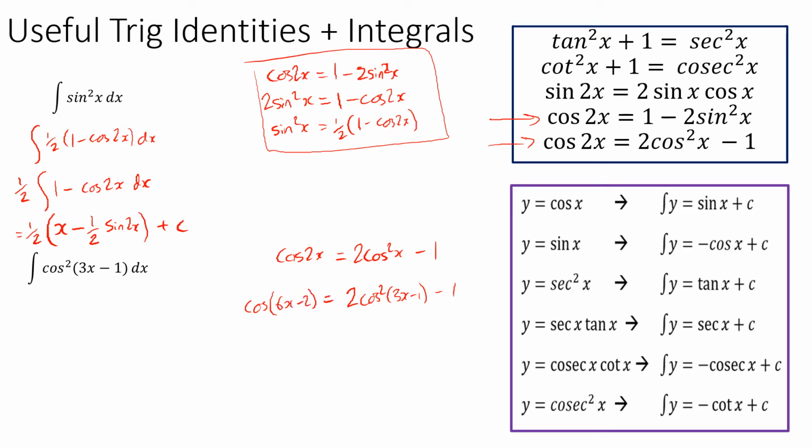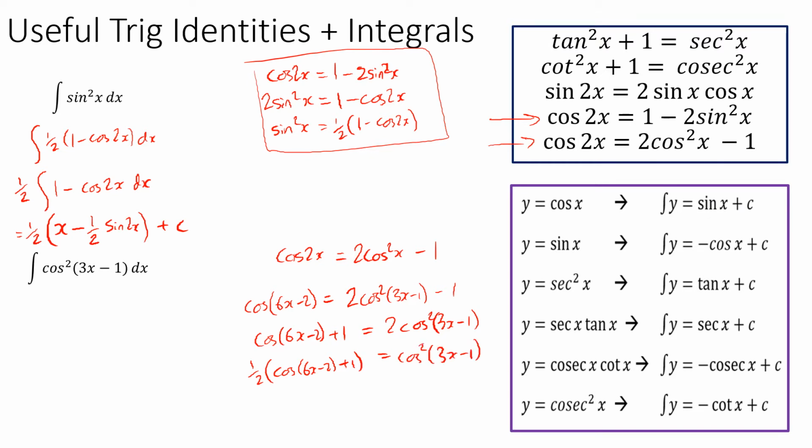Now we still need to get cos squared on its own, so let's rearrange. We'll add 1 to the other side. So we'll have cos of 6x minus 2 plus 1 is 2 cos squared of 3x minus 1. And then we'll halve. So we've got a half of cos 6x minus 2 plus 1 is cos squared of 3x minus 1.